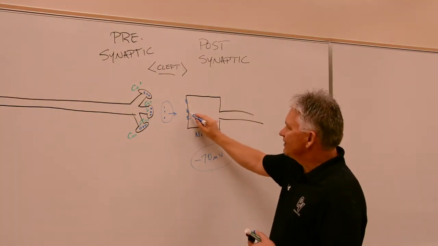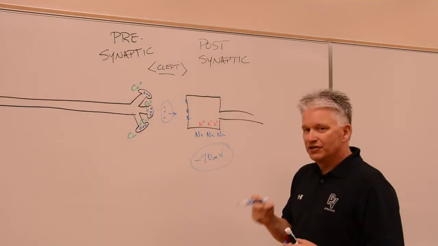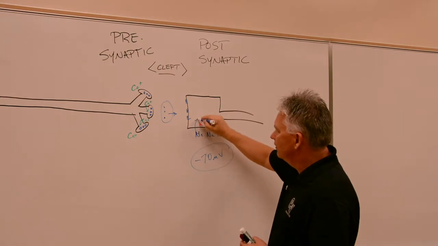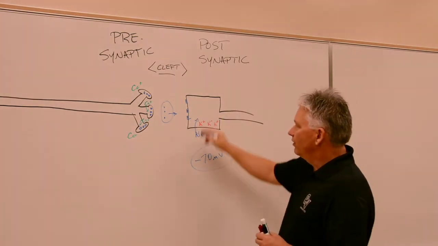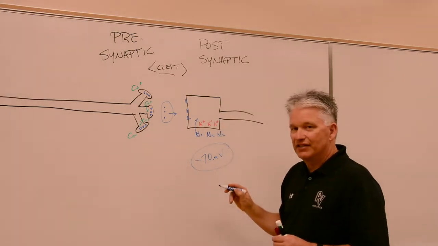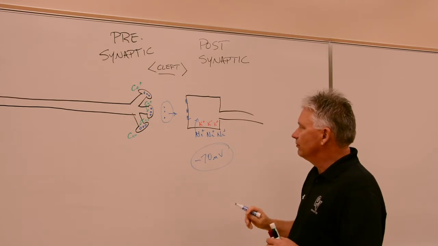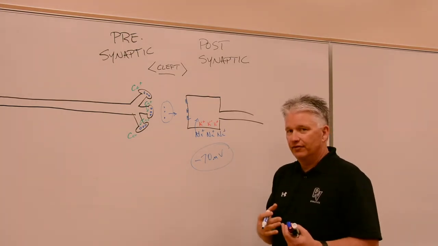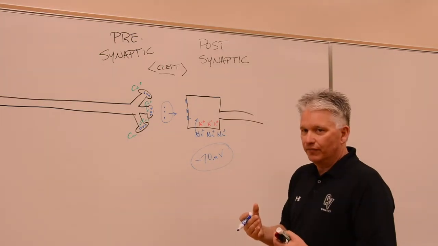If the presence of my neurotransmitter opens sodium gates and allows sodium to come in, sodium is going to enter the cell. What are we doing to the inside of the cell if we add this positively charged sodium? Are we making it more negative or less negative? Less negative. We are depolarizing.